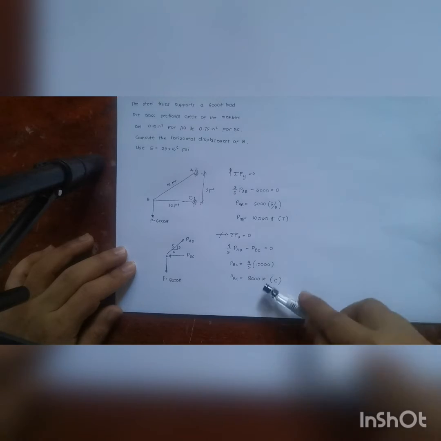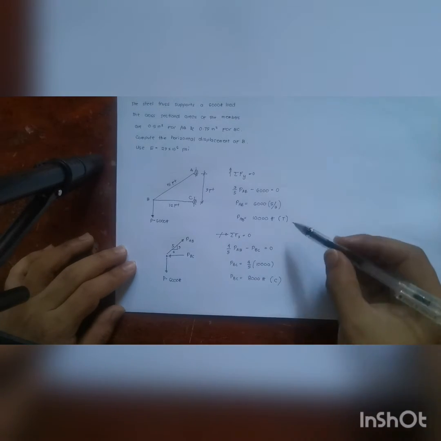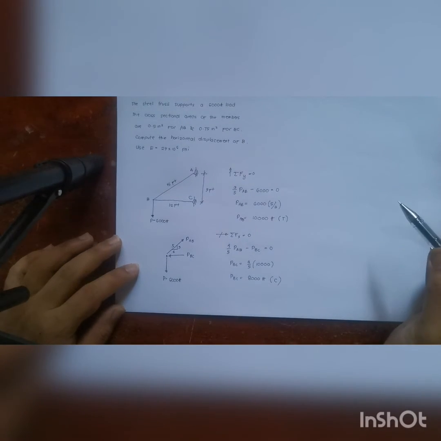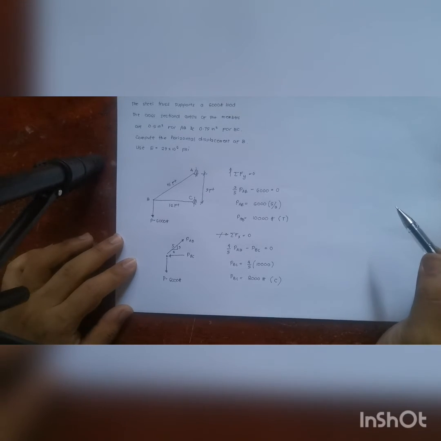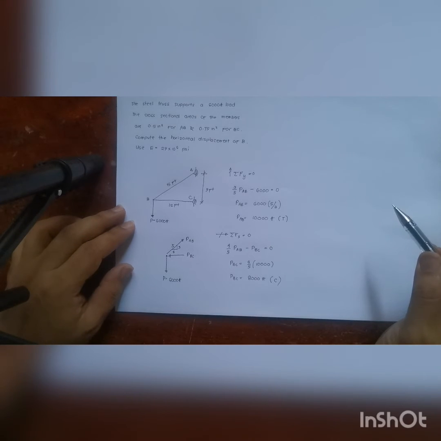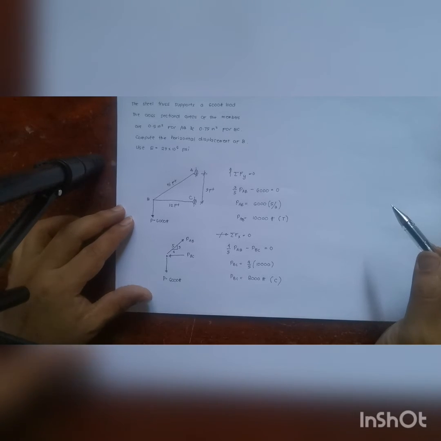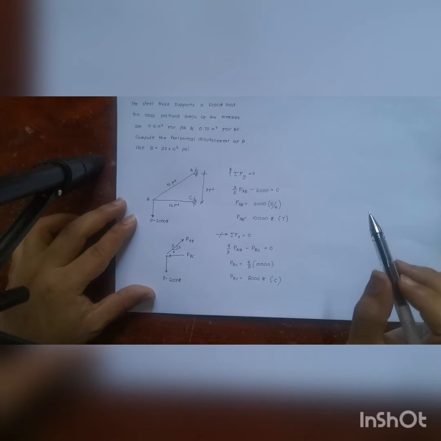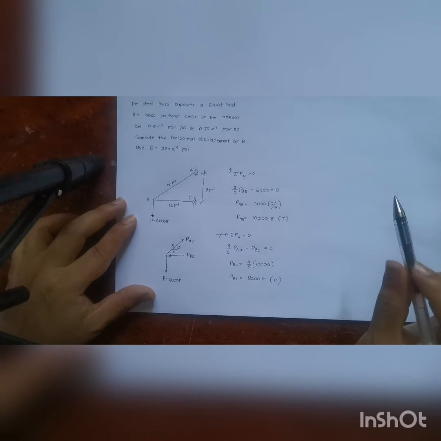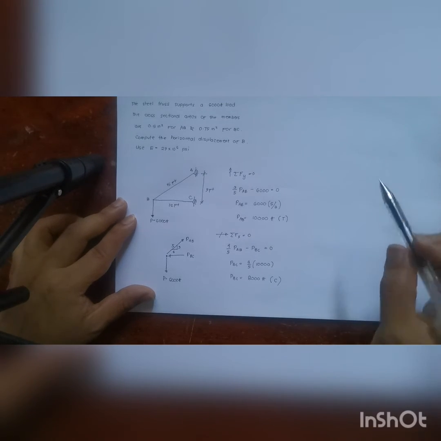Dahil kapag mali po yung ating galaw, hindi po natin na-analyze yung kanilang direction, magiging mali rin po yung ating makukuhang sagot. Dahil hindi po natin ma-drawing na maayos yung ating deformation system, mamamali tayo sa compatibility equation. So, para ma-drawing natin yung compatibility equation natin, analyze the deformation system.